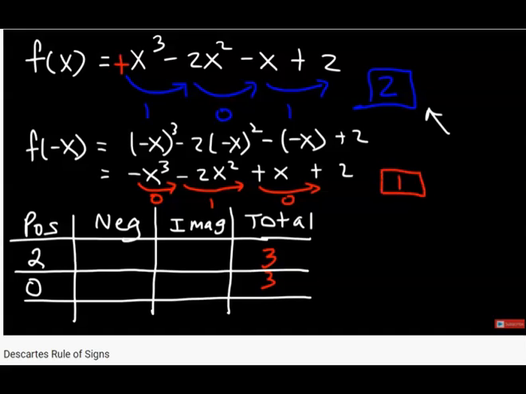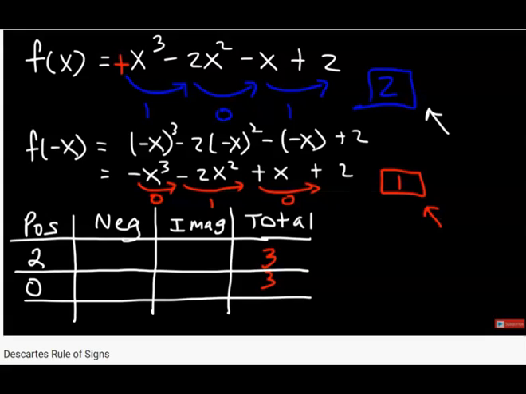Now, the number of negative real zeros is going to equal the number of sign changes, or it can be less than that by a positive even integer. And if you only have one sign change, the only possible answer is 1. Because if you try to subtract 2 from 1, negative 1 is not a real thing for counting something.